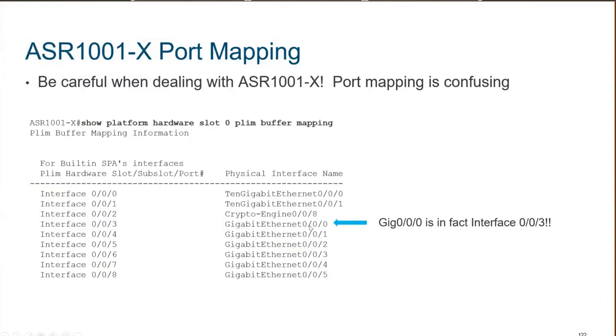So if we want to check the PLIM outputs for 000, we'll actually have to check the interface for 003. The physical interface is 000, but the PLIM interface is 003. Got this mapping, right? Yes. Okay.